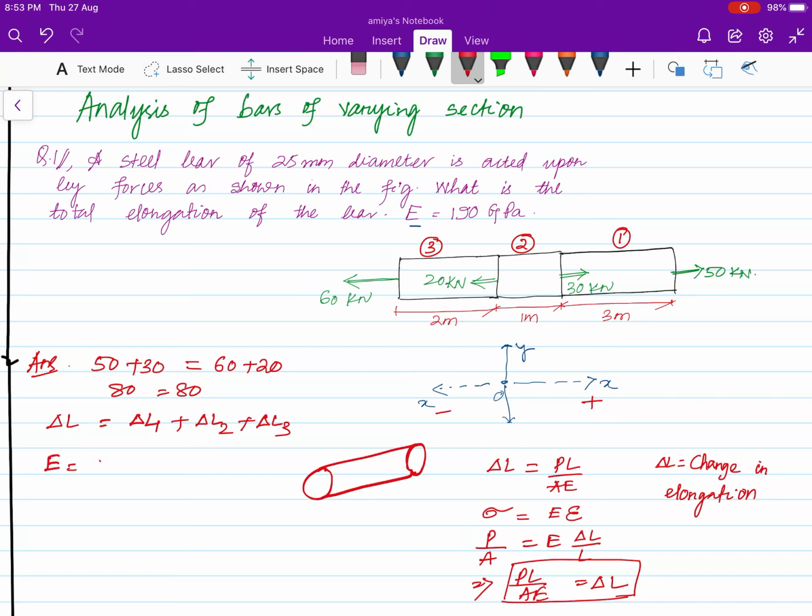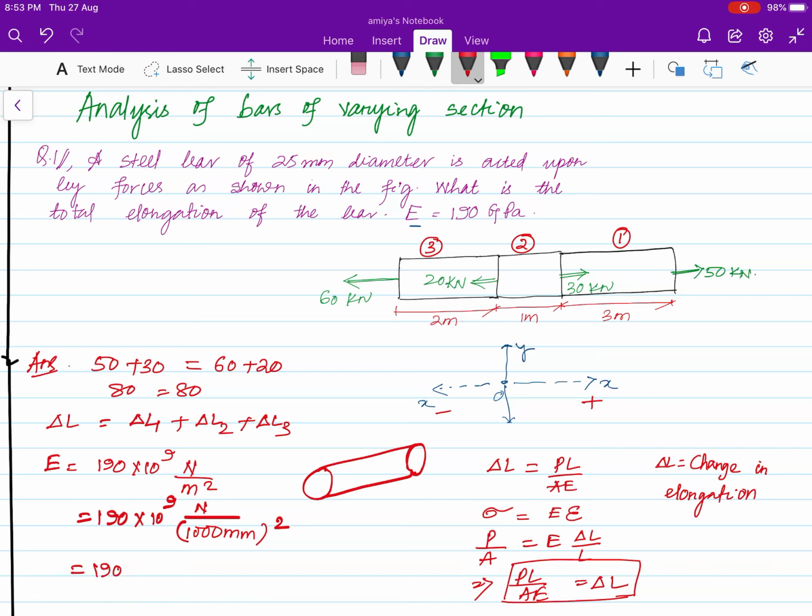E is 190 into giga, which means 10 to the power 9, Pascal is Newton per meter square. So 190 into 10 to the power 9 Newton divided by 1000 mm squared, because 1000 millimeter equals 1 meter.